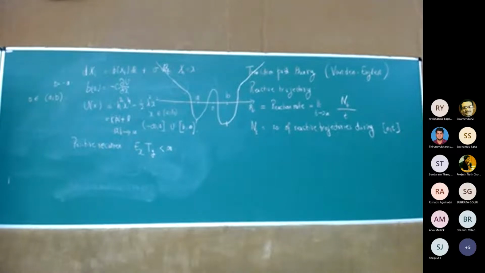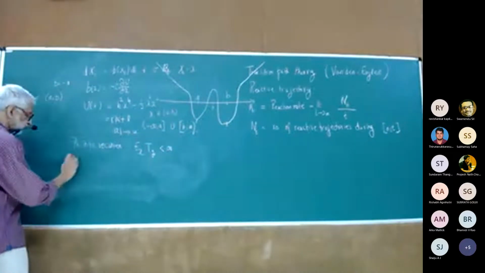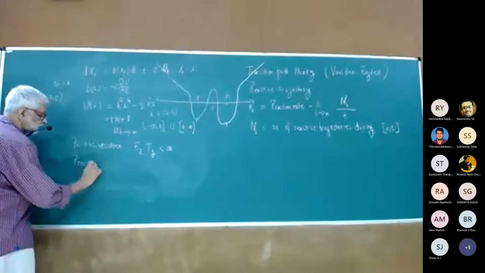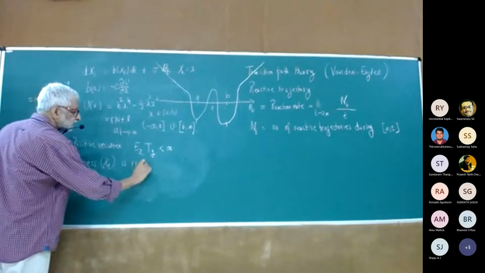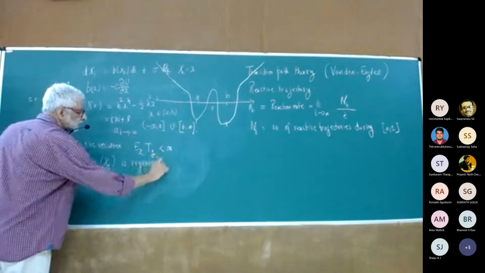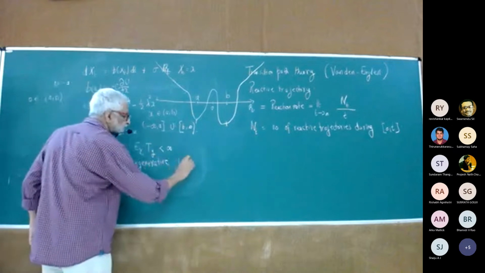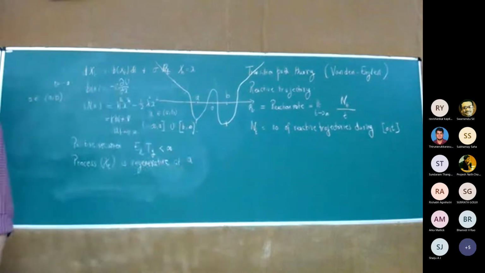It's a regenerative process at A. The process X_t is regenerative at A. It's basically the strong Markov property of the diffusion at the point A. Since the diffusion is strong Markov, it follows.